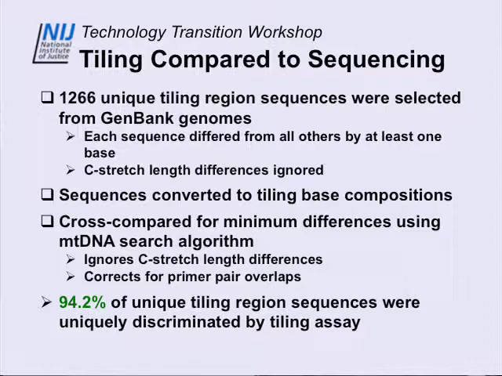And we see that for 94% of sequences that could be differentiated, we can still differentiate them by base compositions.